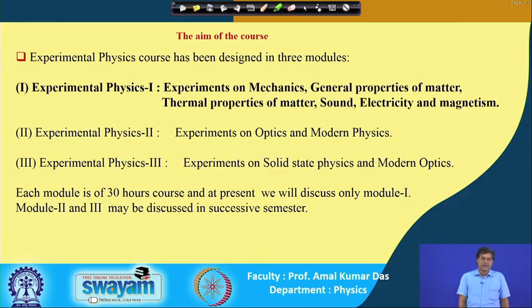And Experimental Physics 3: in that module we will discuss experiments on solid state physics and modern optics. Each module is a 30-hour course, and at present we will discuss only module 1. Module 2 and module 3 may be discussed in successive semesters.